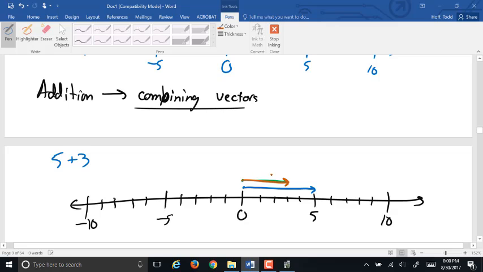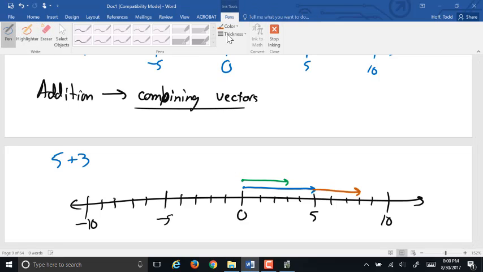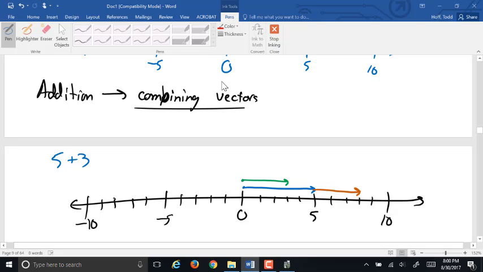By combining them, it actually means you're going to take the one vector and you're going to move it end to end, head to tail is the phrase, with the other. If I combine the vectors for 5 and 3, what I end up with is a long vector that goes all the way up to 8. 5 plus 3 is 8.